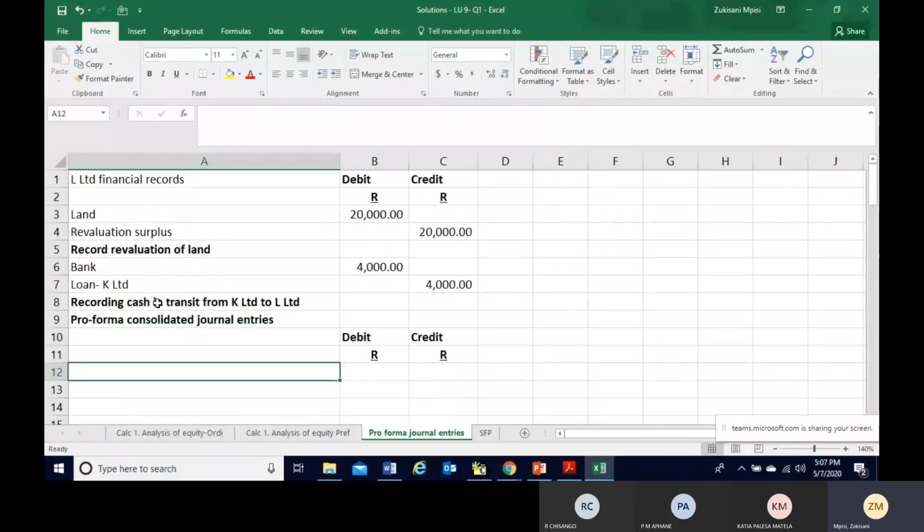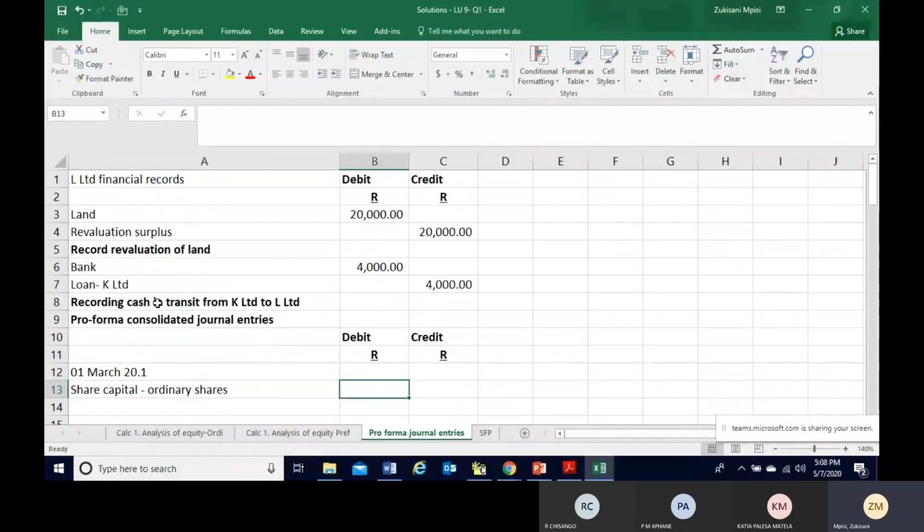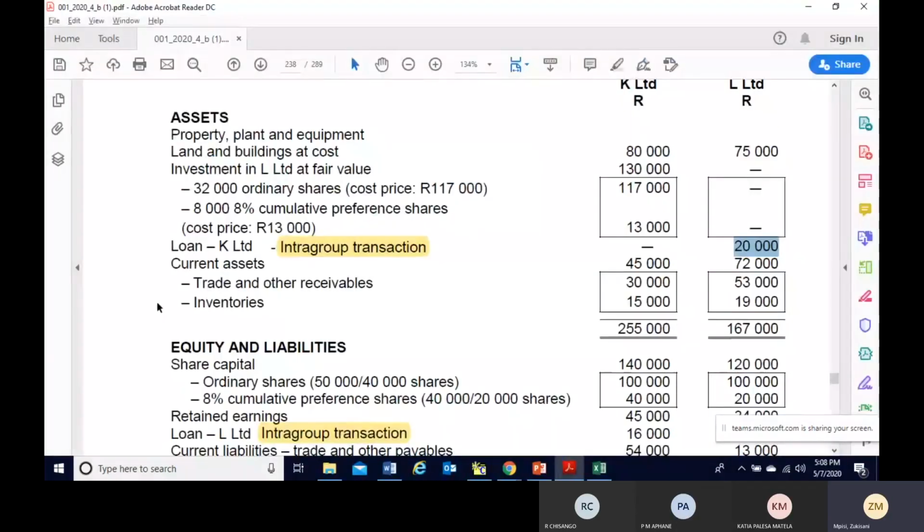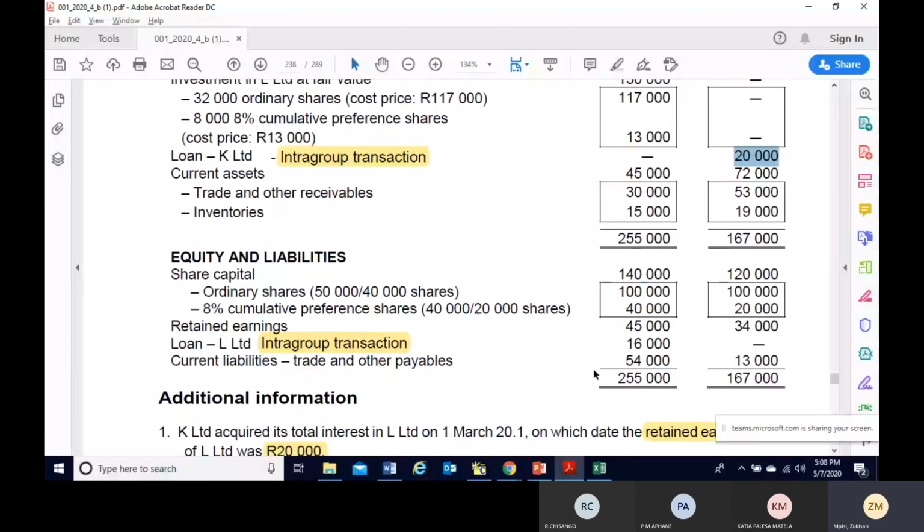So in terms of at acquisition, this is at 1 March 20.1. At acquisition, we would have had a share capital. Now I want you to remember this share capital that we're talking about here is for ordinary shares. So we are almost now just doing something for understanding.